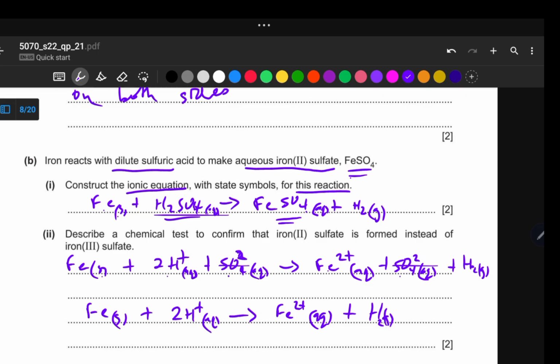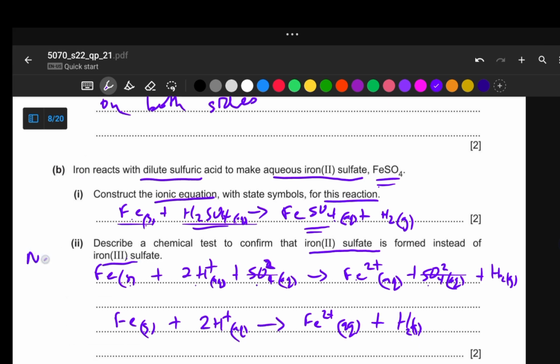As simple as that. And then describe a chemical test to confirm that iron 2 sulfate is formed instead of iron 3. So we are being examined on the confirmatory test to distinguish between iron 3 and iron 2. So if you are to add aqueous sodium hydroxide, and then warm, iron 2 is going to give us a green precipitate, right?